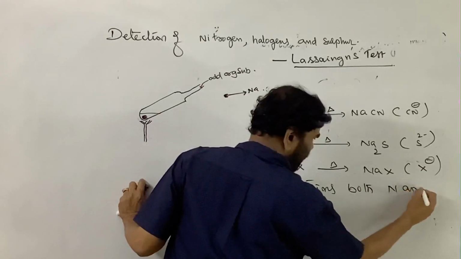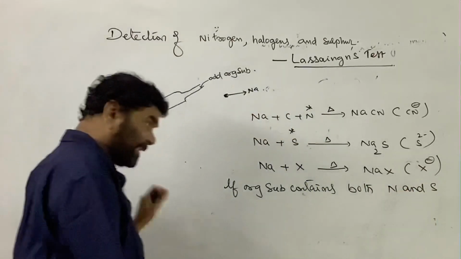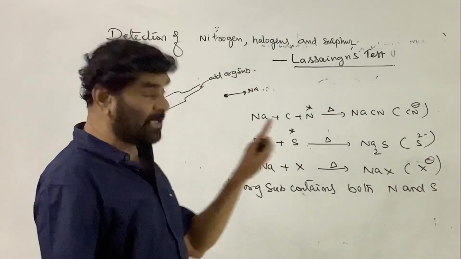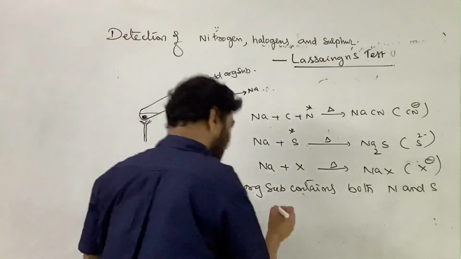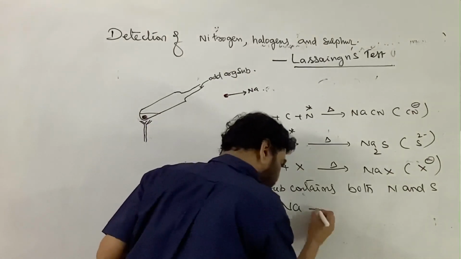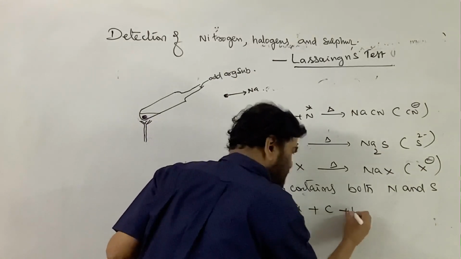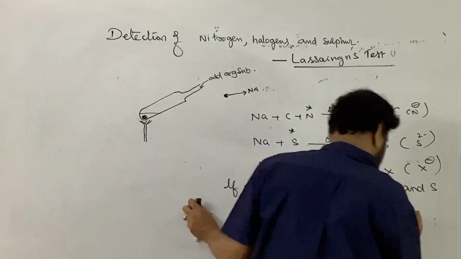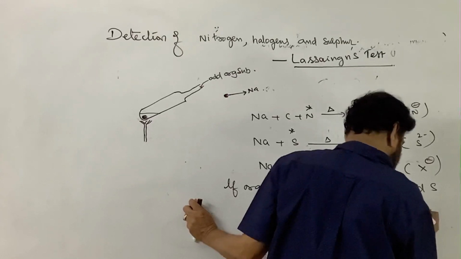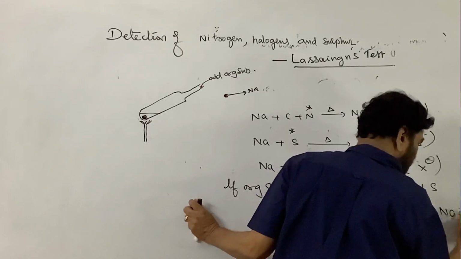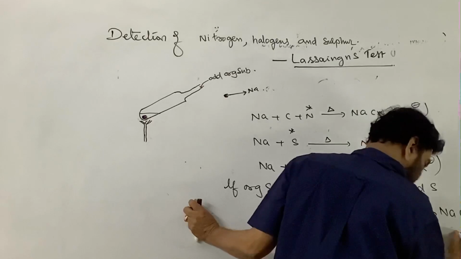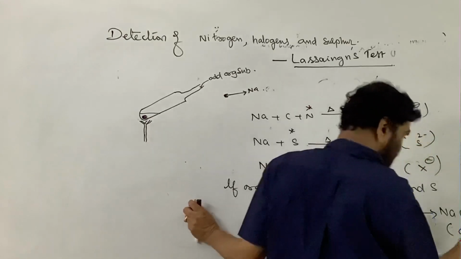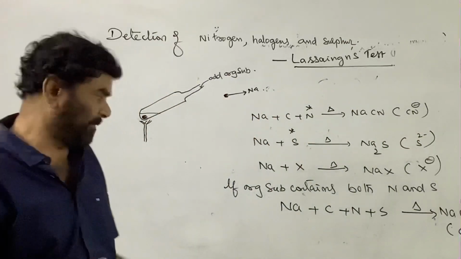If the two elements are present simultaneously in the same compound, there is a possibility of another chemical reaction. Sodium, carbon plus nitrogen, cyanide should form. This reacts with the sulfur also simultaneously and is converted to sodium thiocyanate, that is nothing but CNS minus, thiocyanate ion.